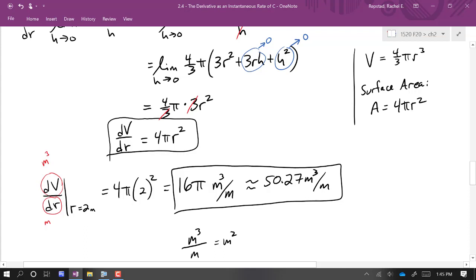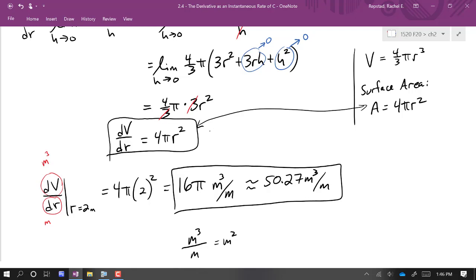When we took the derivative, we end up with something that has units of meters cubed per meter, which you could think of as meters squared if you want. And that expression is the same as dV/dr. It's almost something weird. It's like the sphere knows its own dV/dr. There's some inherent relationship between the surface area of a sphere and the rate at which the volume changes with respect to radius. I'm going to give you a second just to absorb that and appreciate how cool it is.